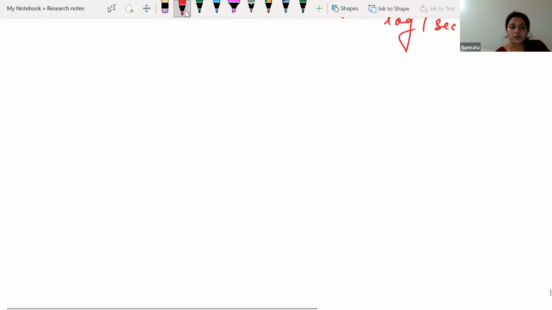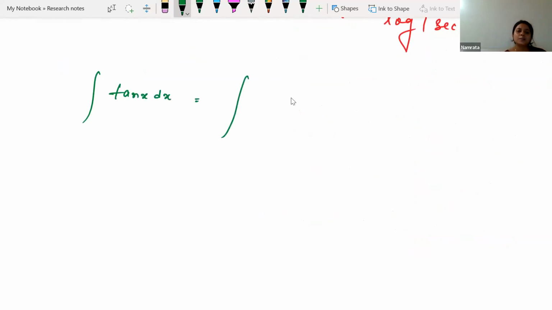I can't see it in the book right now, but it came out from substitution. If we have tan x dx, we can write it as sin x by cos x dx, right? Now here you can see, if you put this, you will get it.